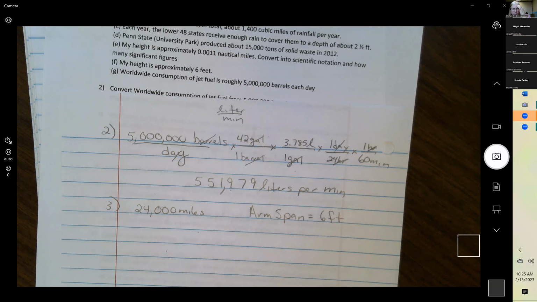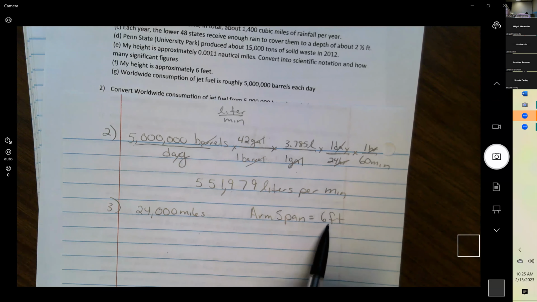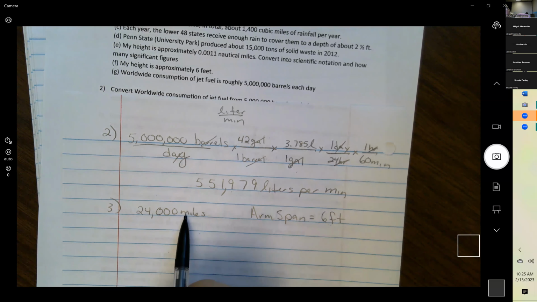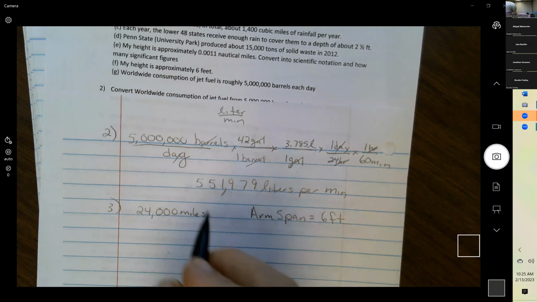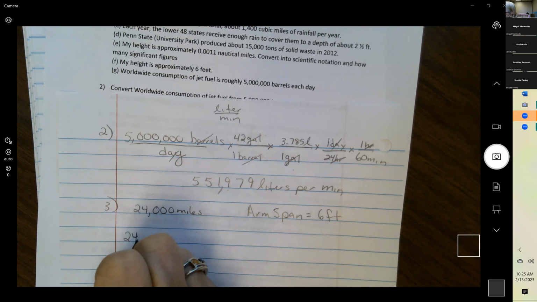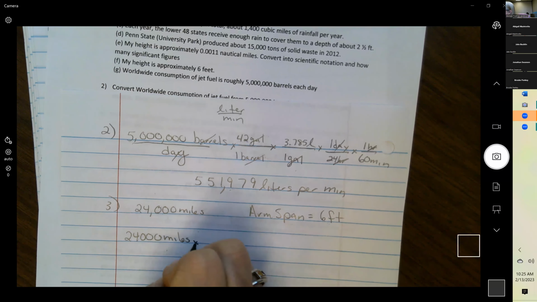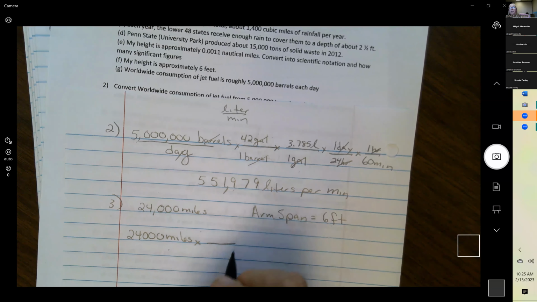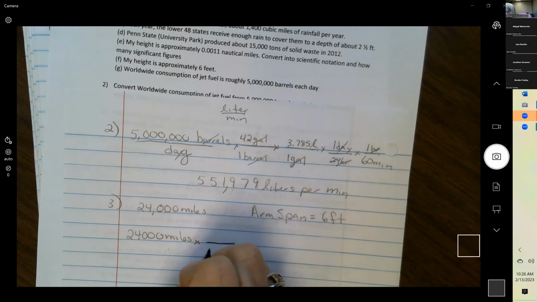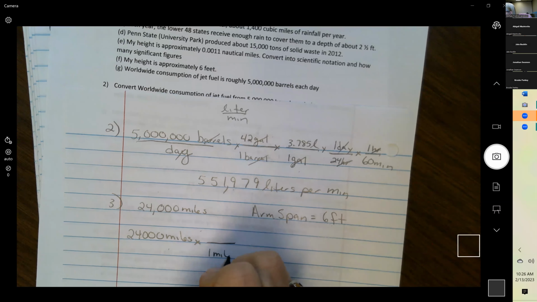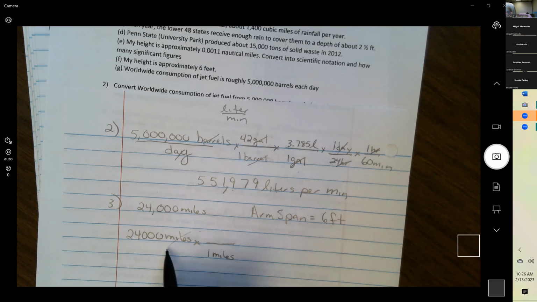And we wanted to find out how many people, so each person's arm span is 6 foot, so 6 foot per person. This is miles, this is feet, we need to convert this to feet. Miles to feet is on that formula sheet, it's one that you should have memorized though. 24,000 miles, and we want this mile in the bottom so that they'll cancel.